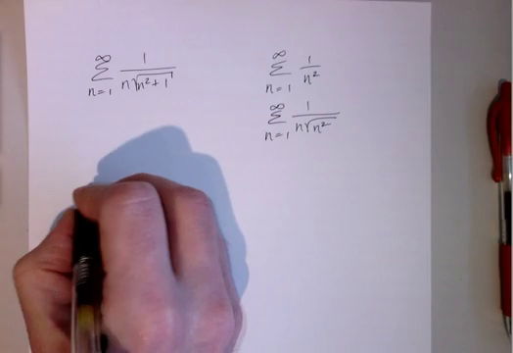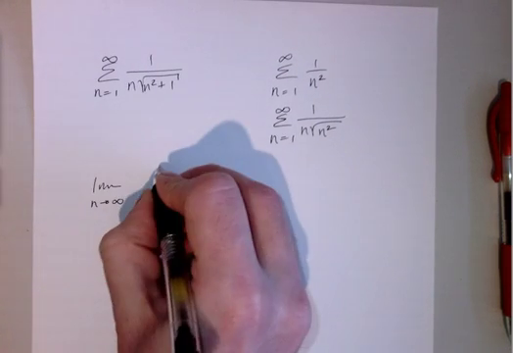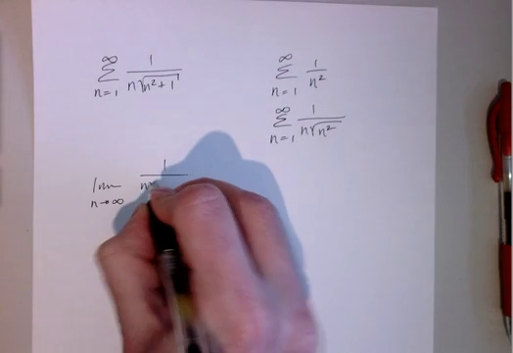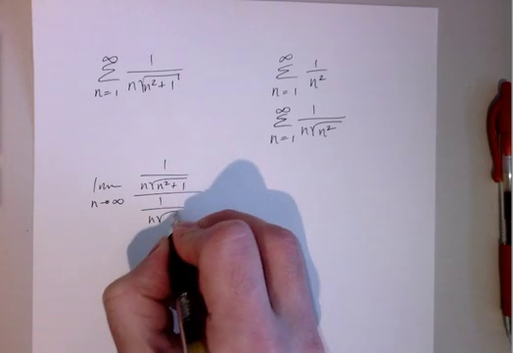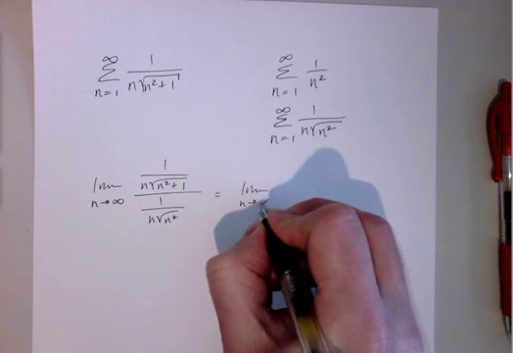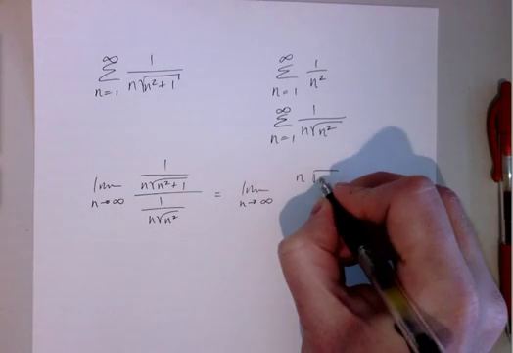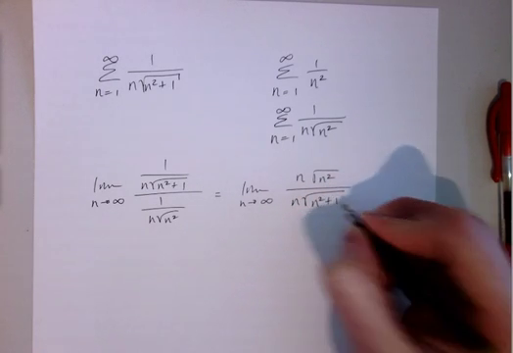And therefore, I know that the limit as n approaches infinity of 1 over n times the square root of n squared plus 1 over 1 over n times the square root of n squared. When I resolve the complex fraction, I get n times the square root of n squared over n times the square root of n squared plus 1.